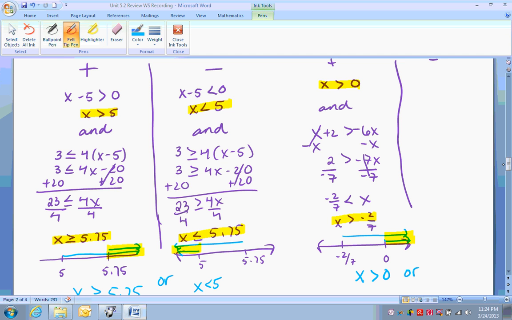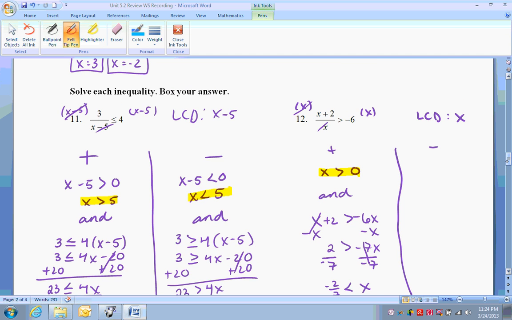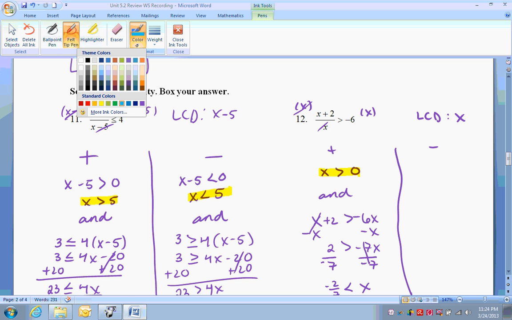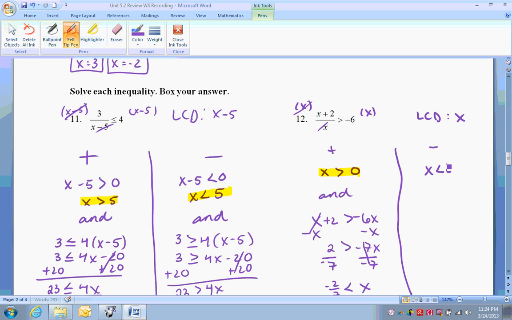Okay, now let's look at the or part, the negative side. If the LCD is negative, then we know that x must be less than 0. And when we solve, we end up with x plus 2 on the left-hand side because the x's cancel. But remember, we're multiplying by a negative number this time, so our sign's going to change. And we get negative 6x on this side.